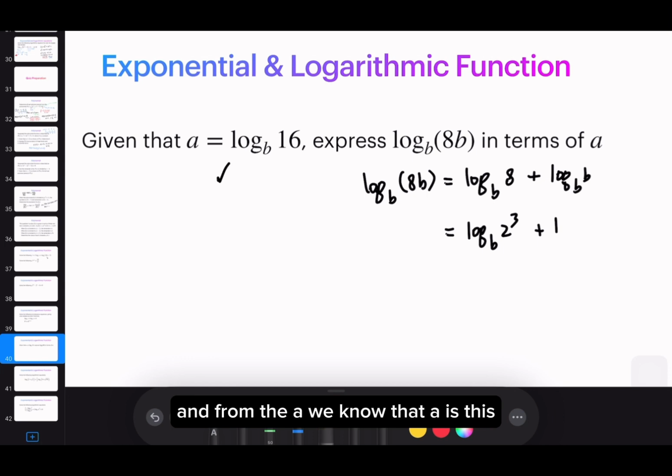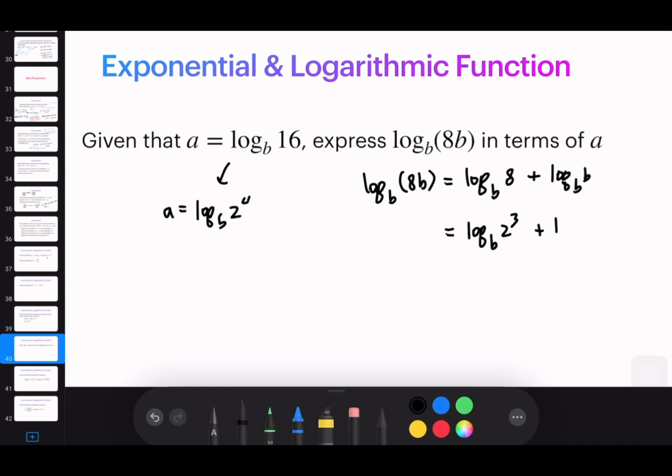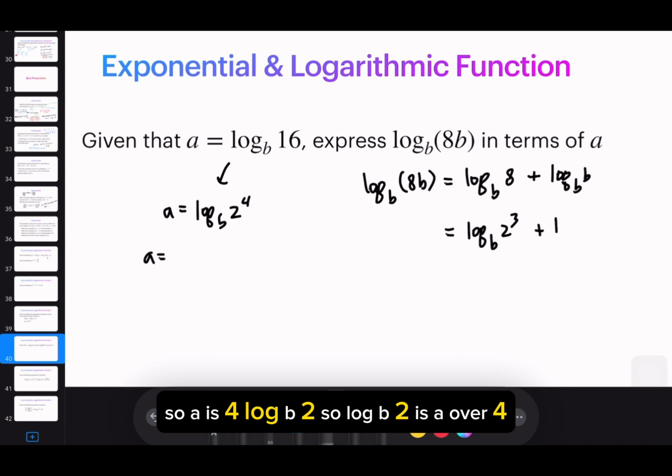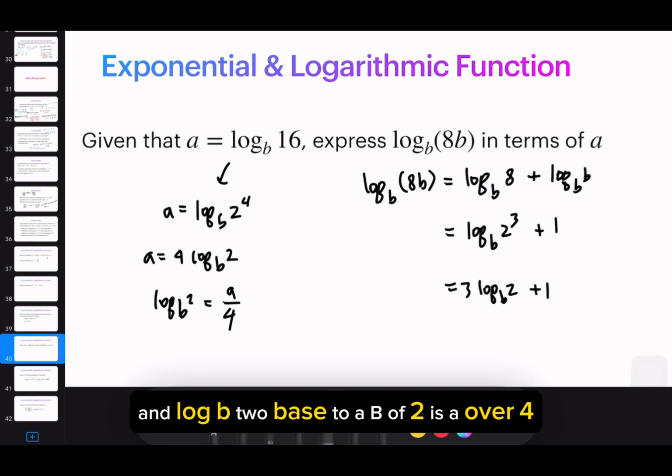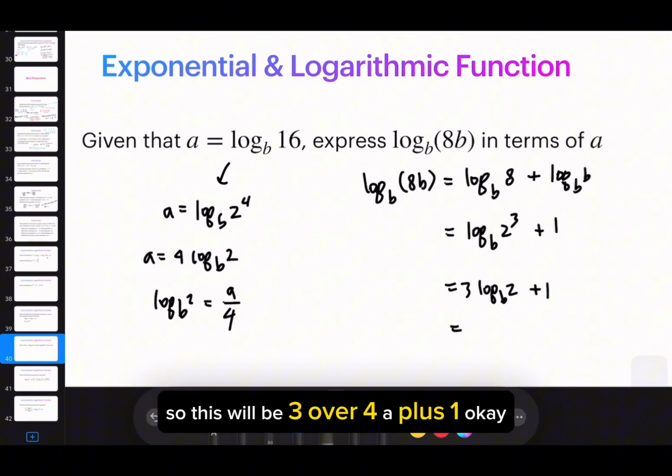And from the A, we know that A is this. So A is 4 log base b of 2. So log base b of 2 is A over 4. So this will be 3 log base b of 2 plus 1. And log base b of 2 is A over 4. So this will be 3 over 4 A plus 1. Okay?